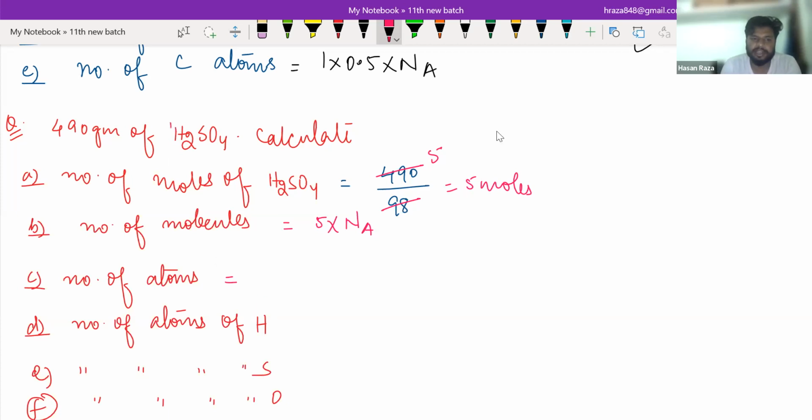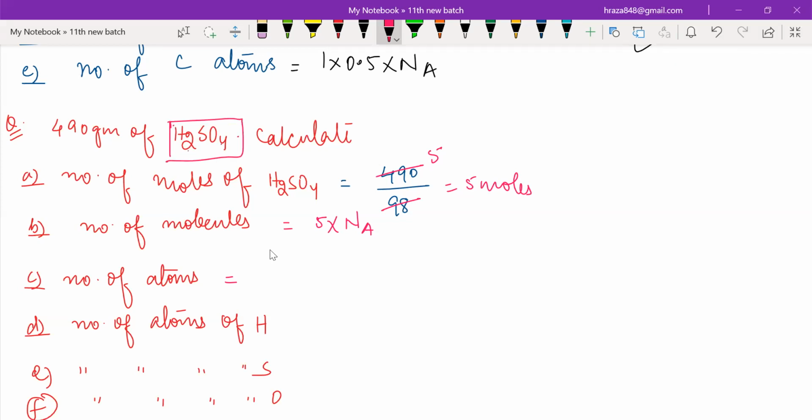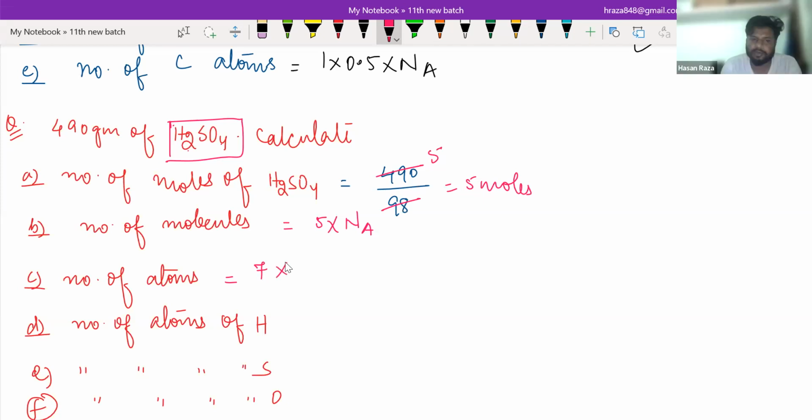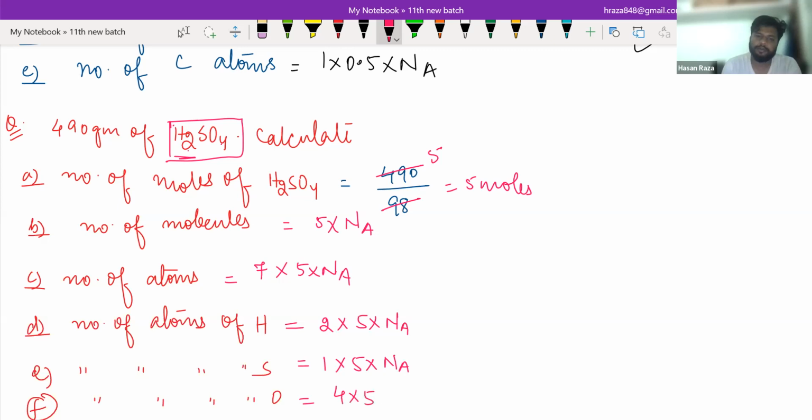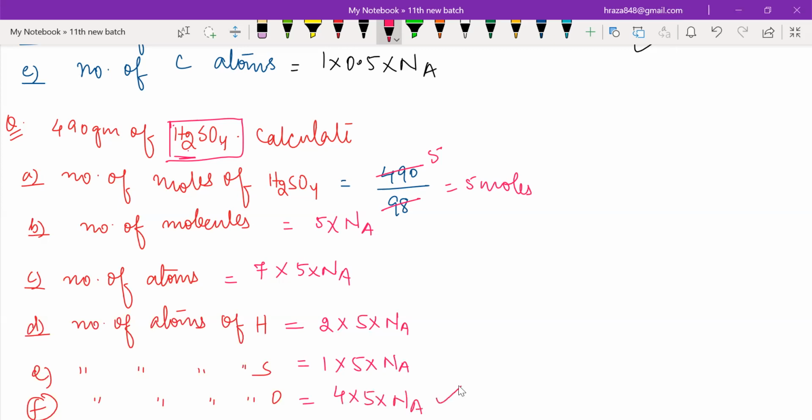That means atomicity. Atomicity is the number of atoms. So 4, 2, 6, 6 plus 1, 7, right? Yes, sir. 7 into 5 into Na. And number of hydrogen atoms, its atomicity is 2. So 2 into number of molecules, this much. And for sulfur, it'll be 5. And for oxygen, 4 into 5 into Na. I think it's clear to you, right? Yes.